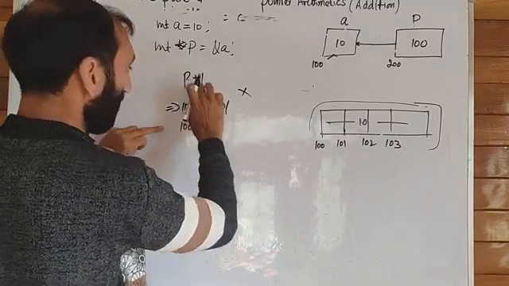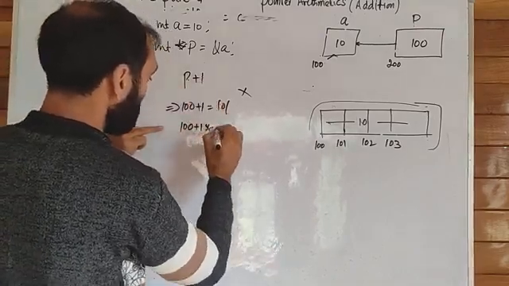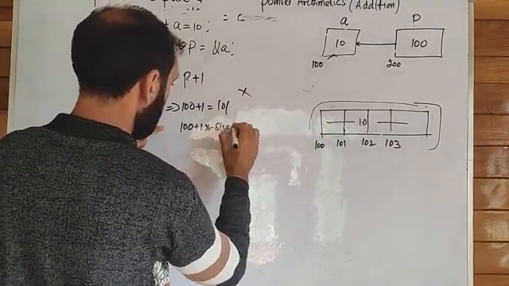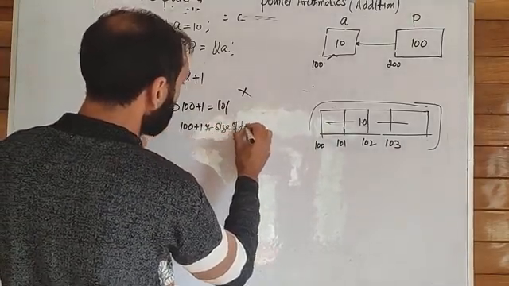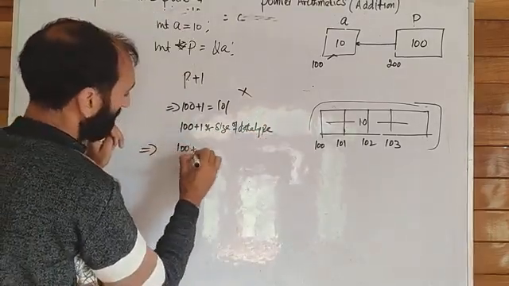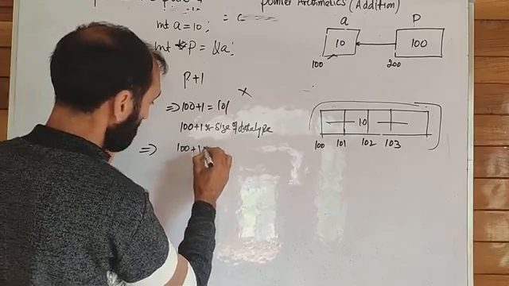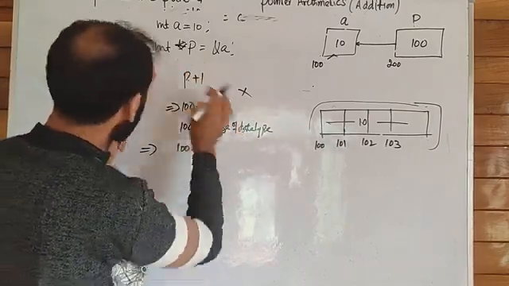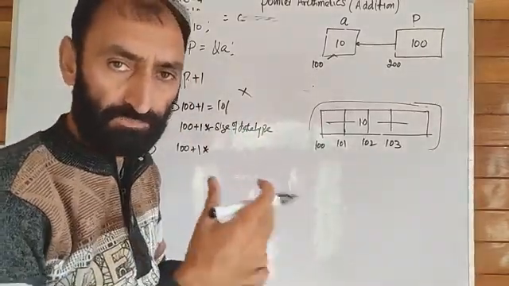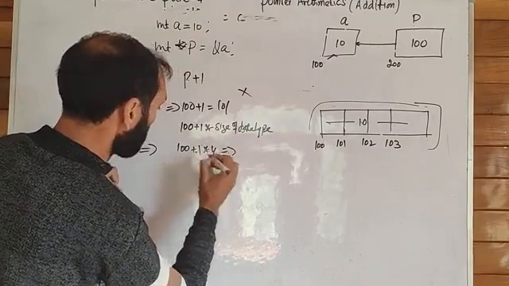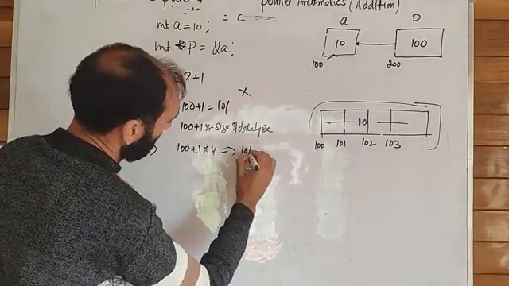The formula is 100 plus 1 into the size of the data type. The data type is int, which occupies 4 bytes in memory, so 1 into 4 is 4, giving 104.